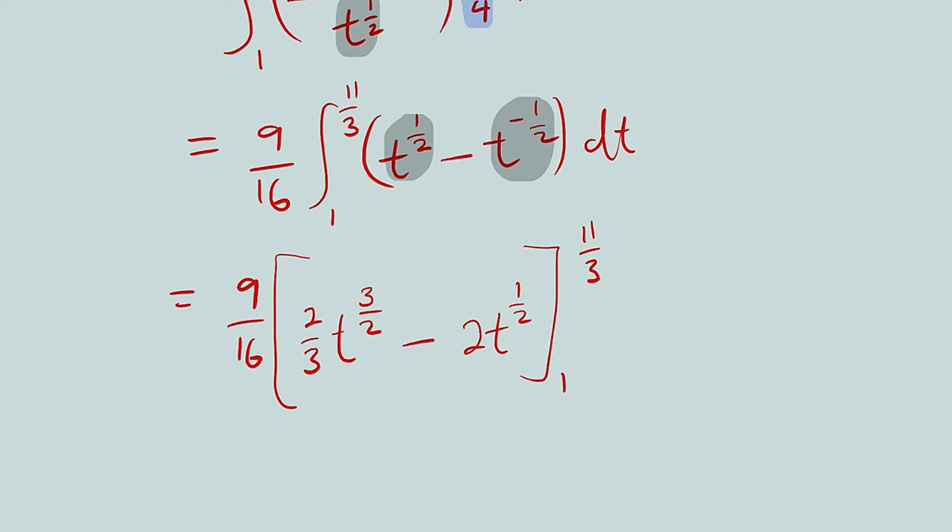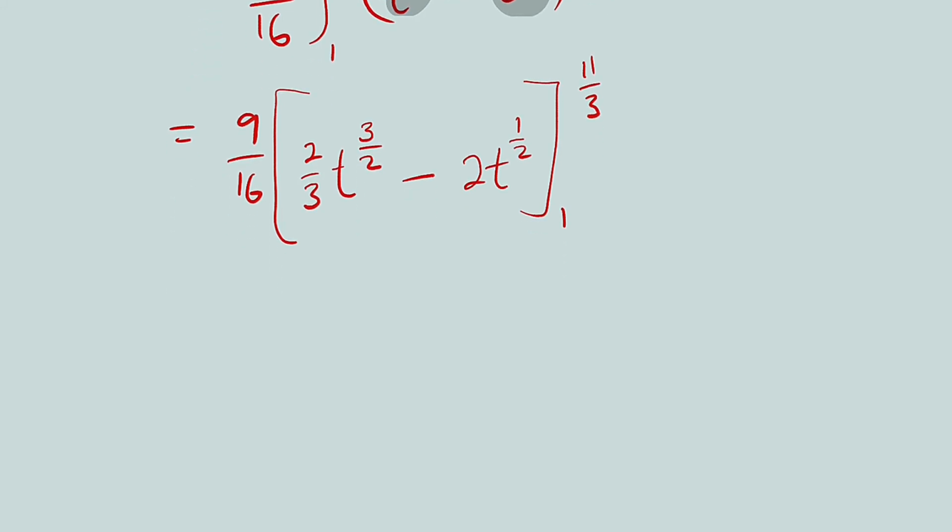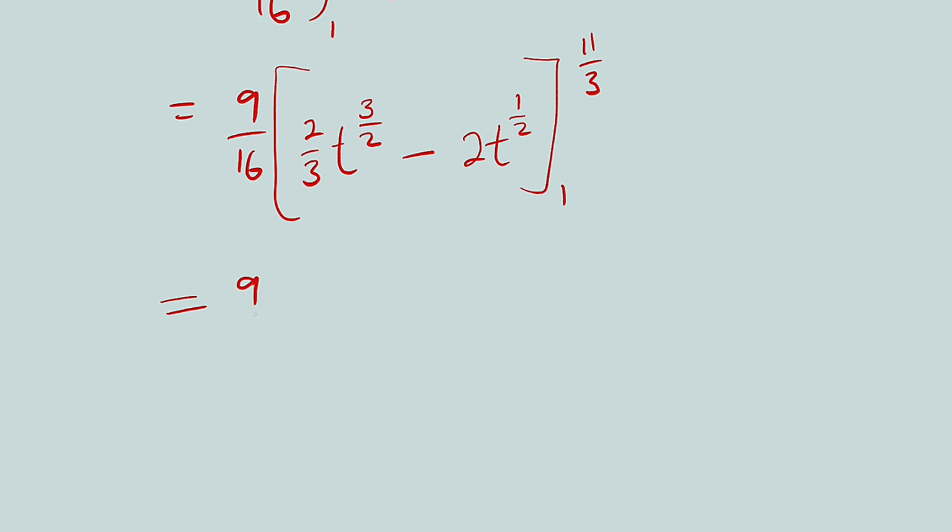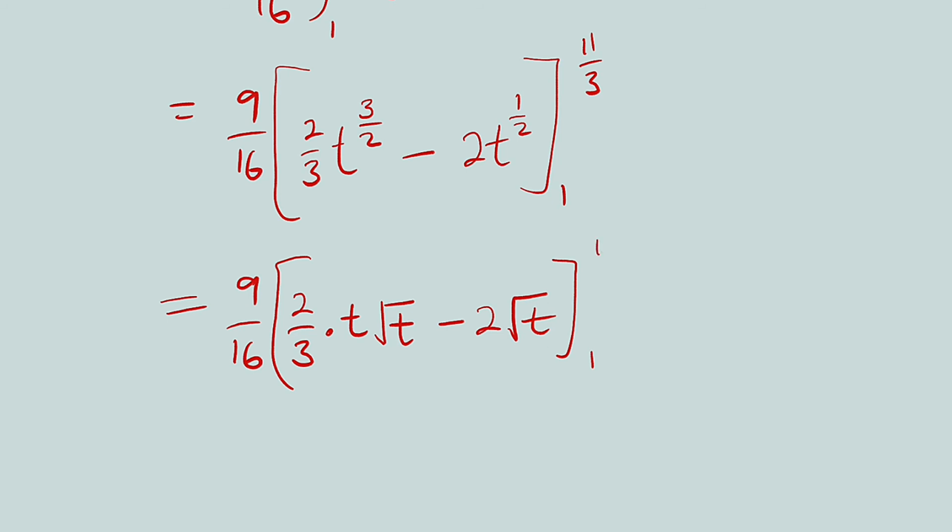Before substituting the boundary, let me simplify this a little bit. This is the same thing as 9 over 16 multiplied by 2 over 3 t to the power of 3 over 2, which is the same thing as t multiplied by square root of t, then minus 2 multiplied by square root of t. The boundaries from 1 to 11 over 3. So now let us substitute our boundary.